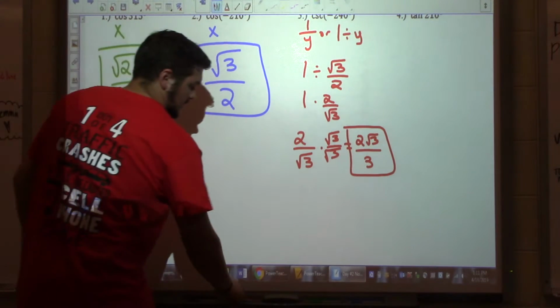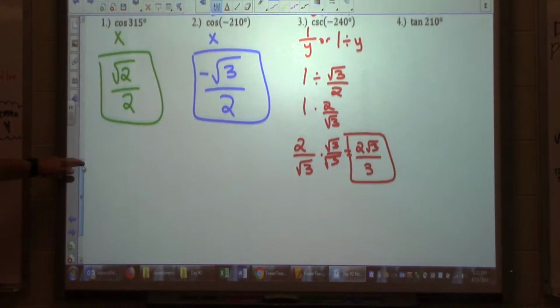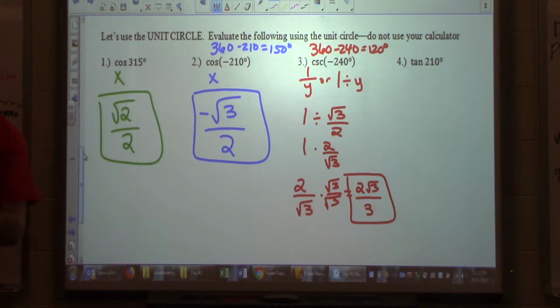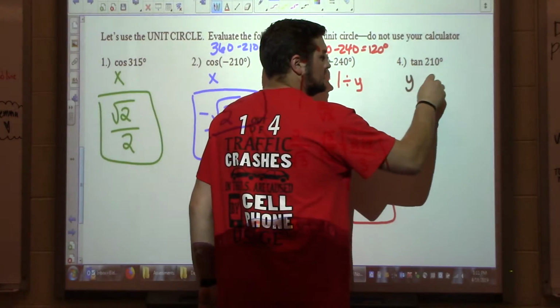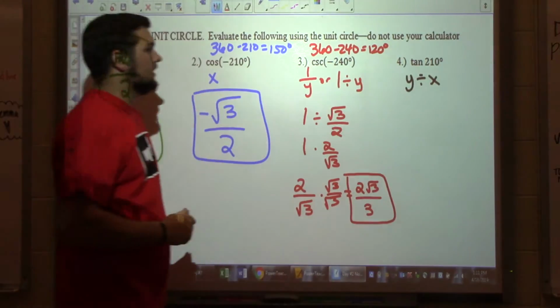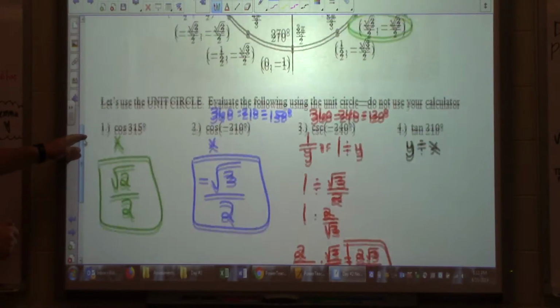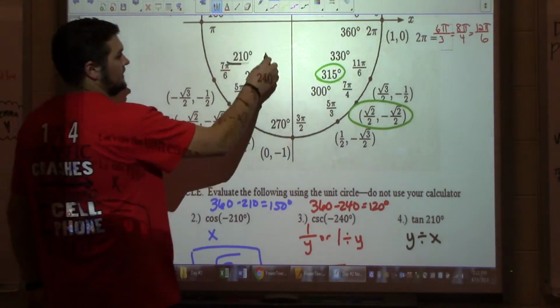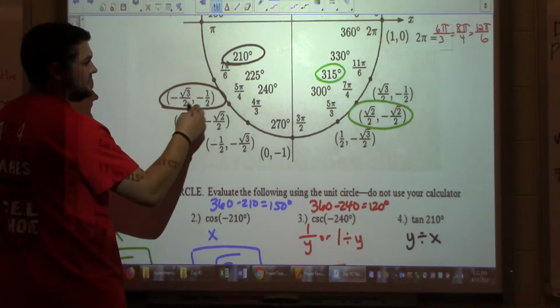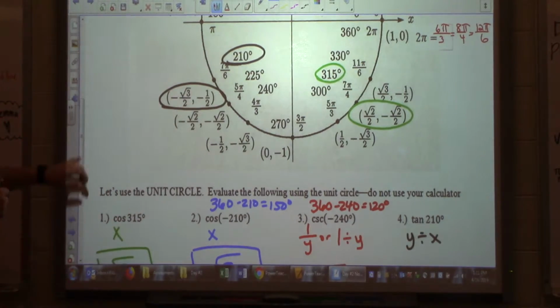Alright. One more to do. Tangent of 210 degrees. Well, tangent we said was y divided by x. Well, if I look at 210 degrees, right here, I'm going to take the y value, divide it by the x value.